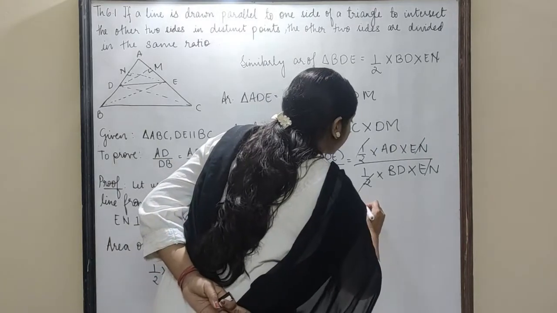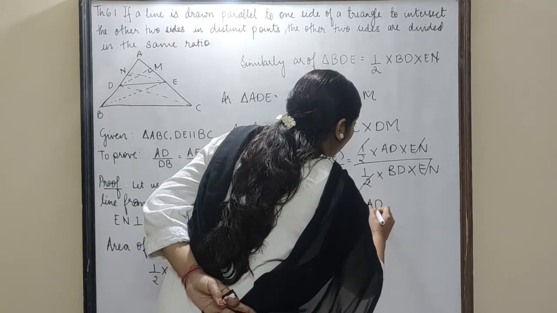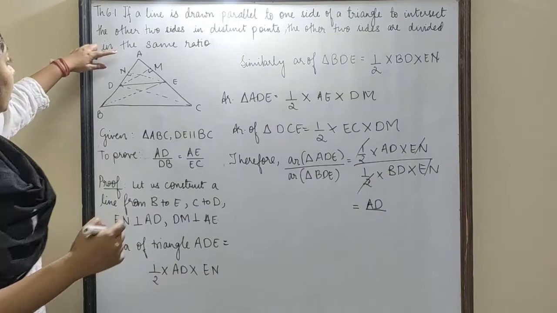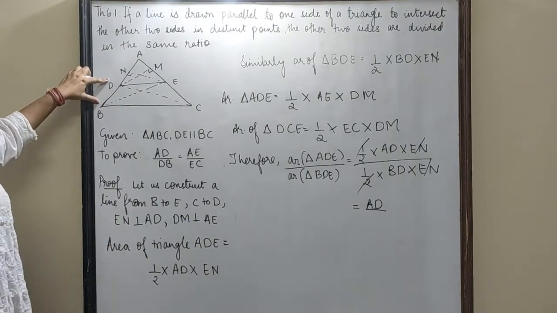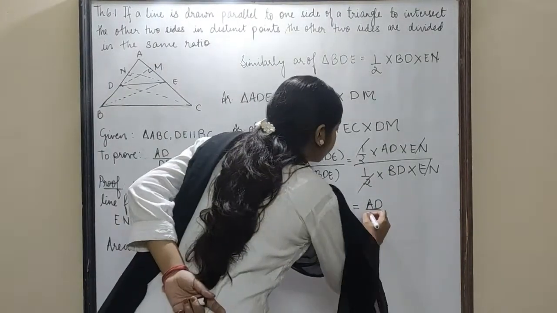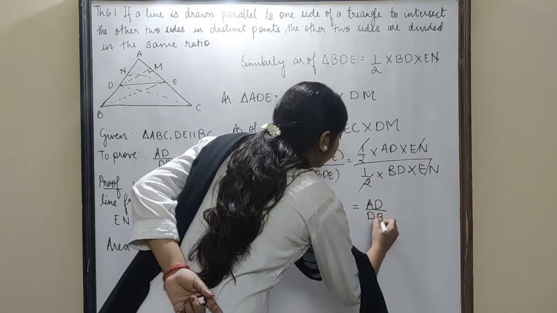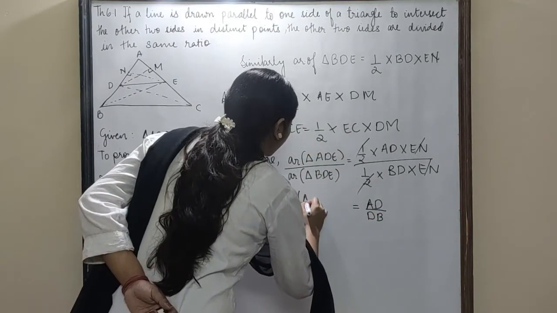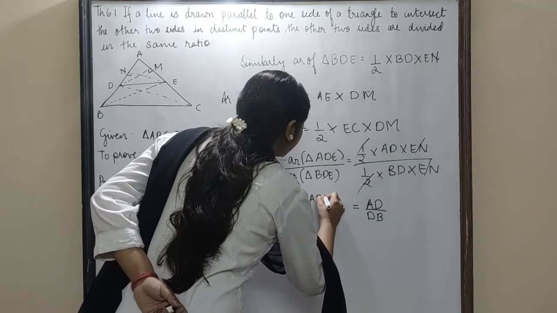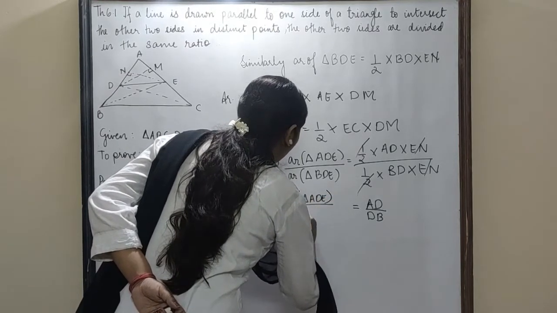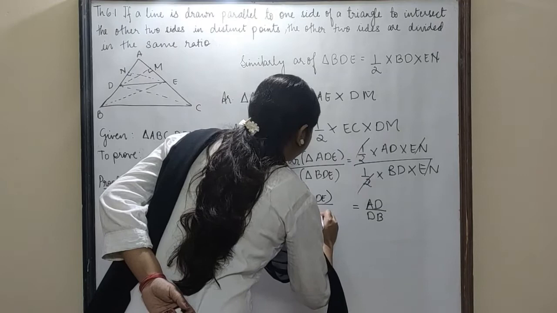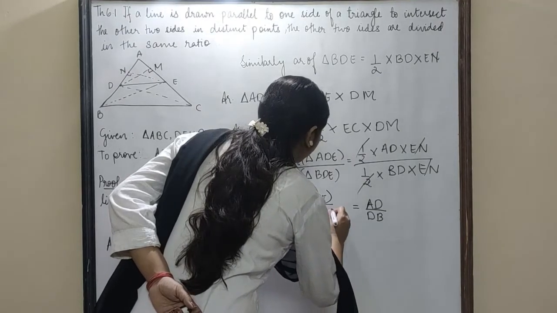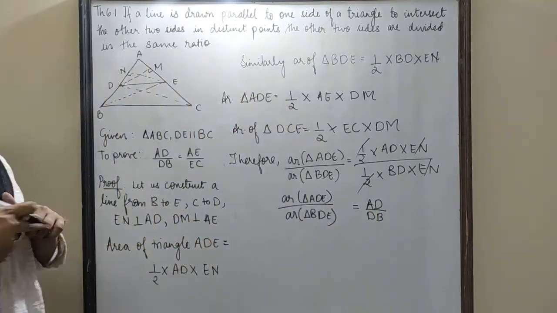We have the ratio AD upon BD, we can write it as DB also. So over here area of triangle ADE upon area of triangle BDE is equal to AD upon DB.